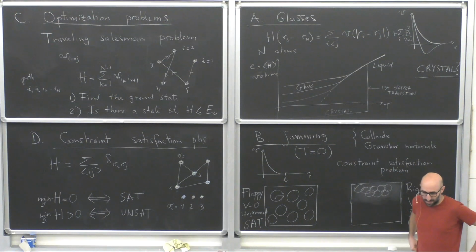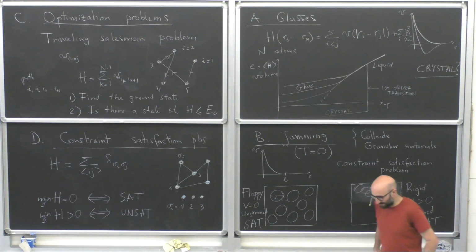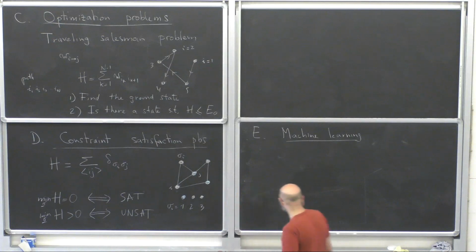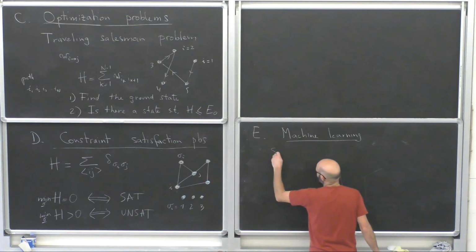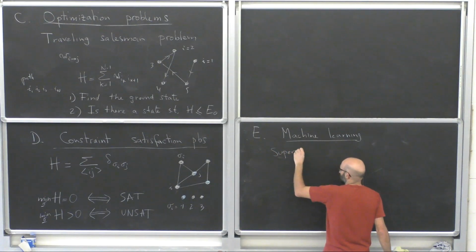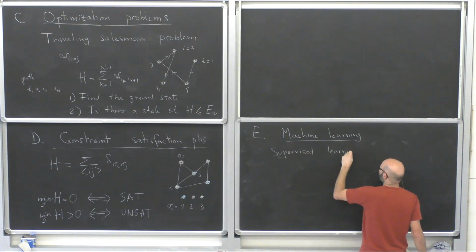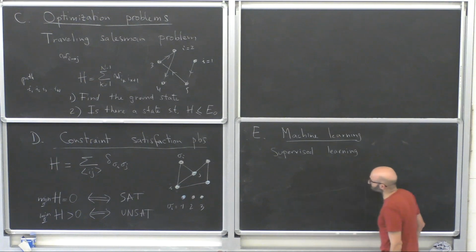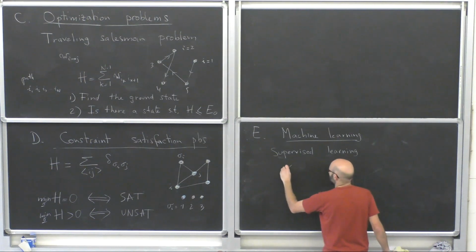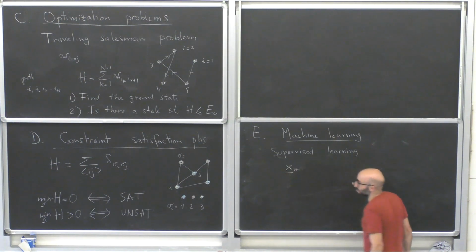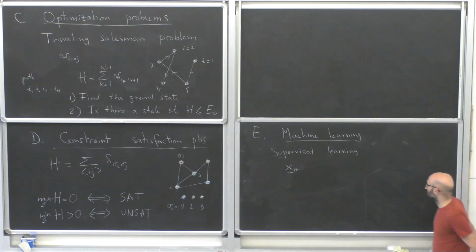Other questions before the break? No? Okay, so let's take the second one. A typical problem is supervised learning. So in supervised learning, you are given some data that are points in a space.